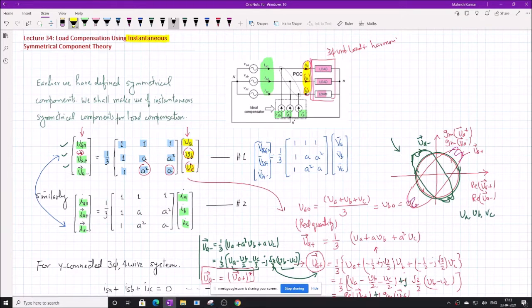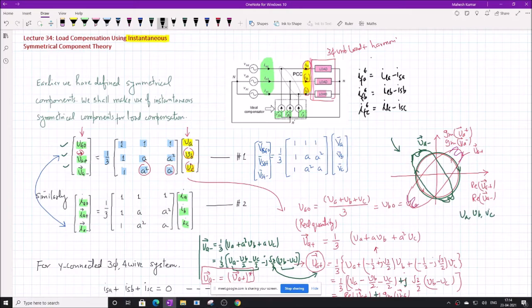Also note that at the PCC we can apply Kirchhoff's current law, therefore you can always write that IFA star is nothing but ILA minus ISA. Similarly, IFB star equals ILB minus ISB, and IFC star equals ILC minus ISC.